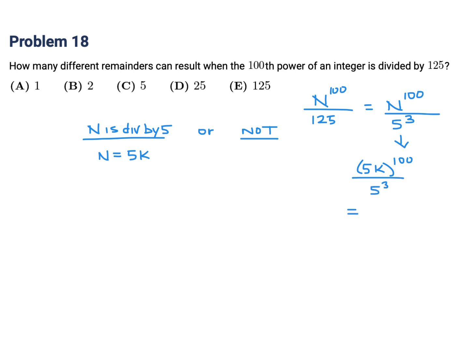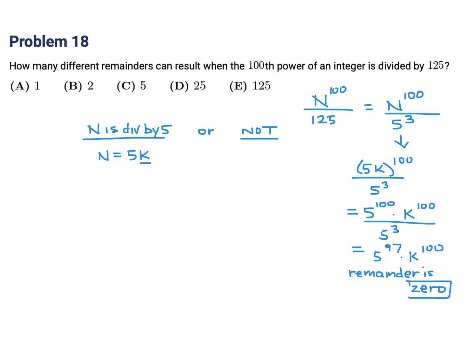That's going to be 5 to the power of 100 times k to the power of 100 over 5 to the power of 3. And that's just 5 to the power of 97 times k to the power of 100. So you get an integer answer because remember, k is an integer. So the remainder here is 0. Okay, so that's one possible.